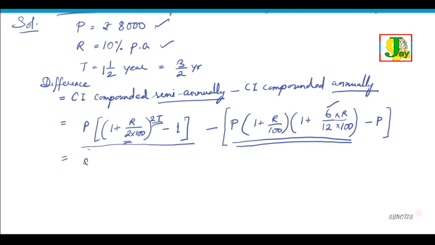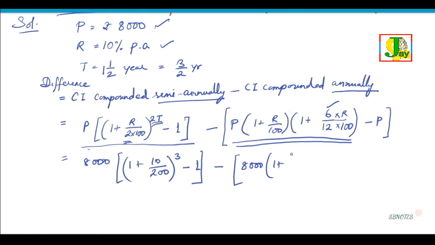Now P is 8,000. 1 plus R, which is 10 by 200, whole power 2 into 3 by 2, that's 3, minus 1, minus P, which is 8000 into 1 plus 10 by 100, and for the next 6 months 1 plus 6 into 10 by 2 into 100, minus 8000.